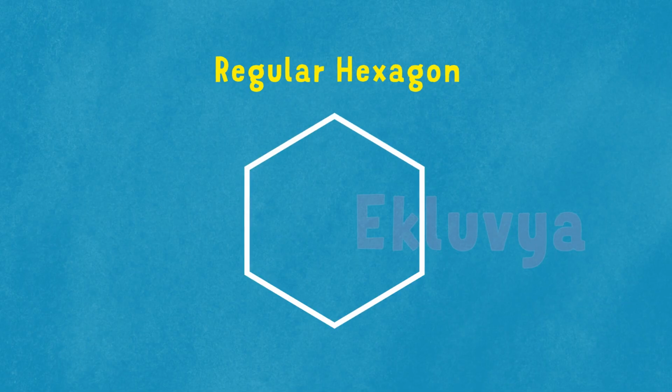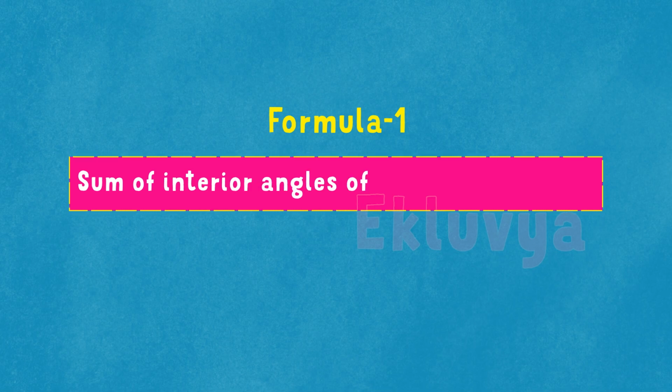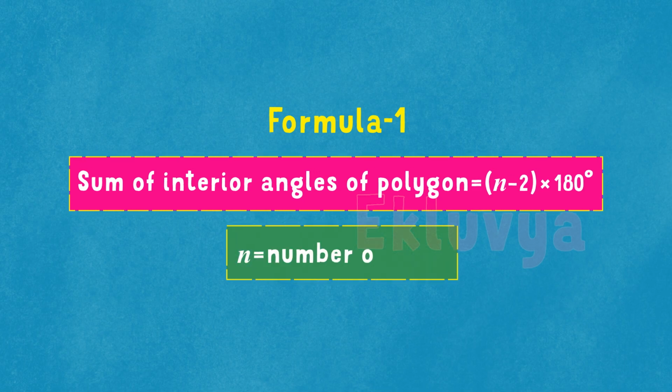So, let's dive into the mathematical heart of regular polygons, using a regular hexagon as our example. Picture a six-sided shape where all sides and angles are equal. That's our hexagon. Let's calculate the interior angle of this regular hexagon. Remember, in any polygon, the sum of interior angles is given by the formula (n-2) times 180 degrees, where n is the number of sides.